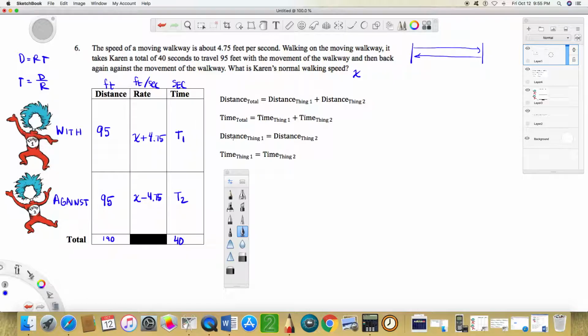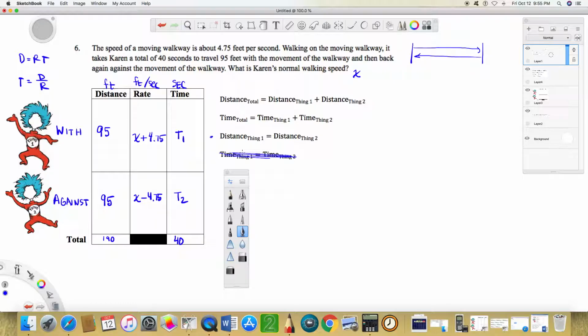All right. So thing one and thing two are the same distance. So that's going to be a possibility. We said that the total time is 40, but that the individual time, there's no reason to believe that's evenly split to 20/20. So which of these possibilities do we want to look at?